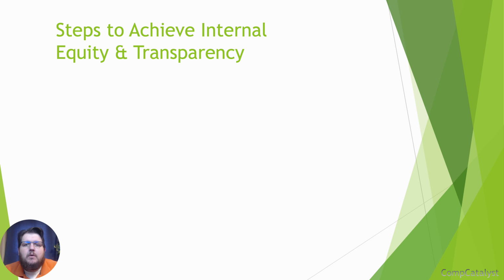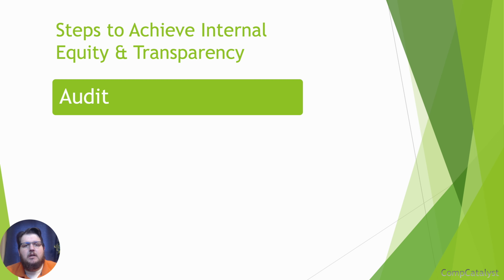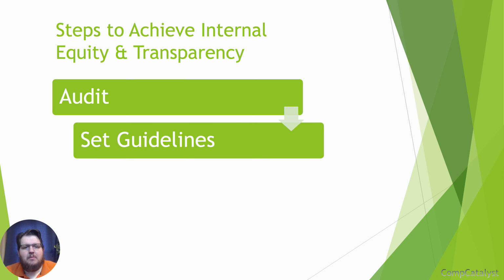How do you make internal equity and transparency a reality? Start with a thorough audit of your compensation structure to identify any discrepancies. This could take a while, but it's very important as a first step. Once you've pinpointed areas of imbalance, establish clear and objective guidelines that reflect job responsibilities, performance, and market data.